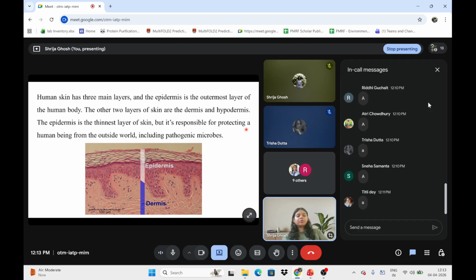Okay, so epidermis acts like a protective layer for your body, and if broken, you need to put some other chemical agent to prevent any microorganism to enter. Okay, I hope that's clear.